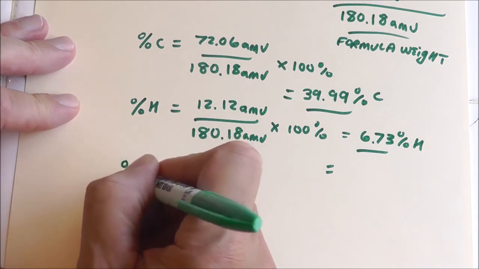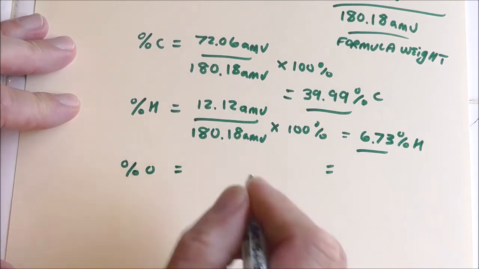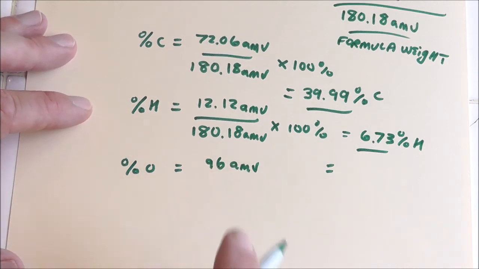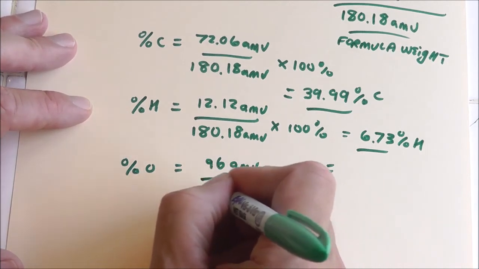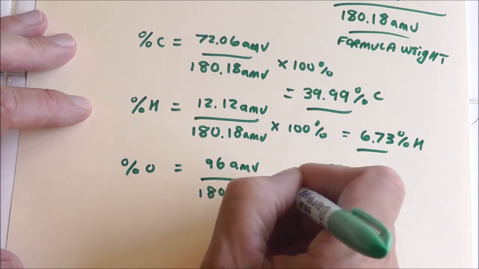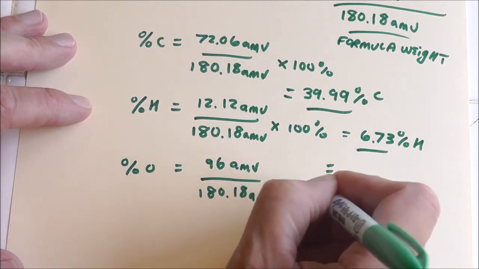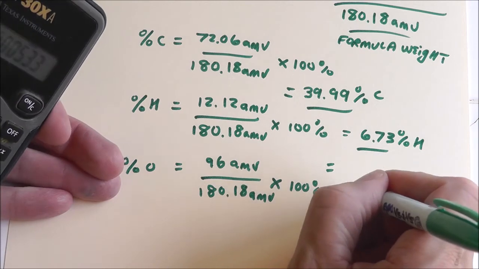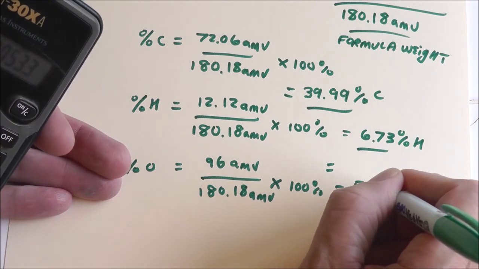So percent oxygen would be 96 AMUs divided by 180.18. Why is this a better way? Because if I did goof up, I would find out, because you all know that all those percents have to equal 100. I was going to take the lazy way, which was to just subtract from 100, but I did the extra work.